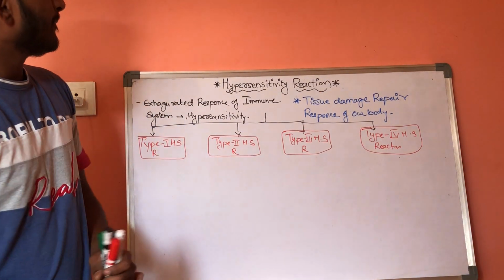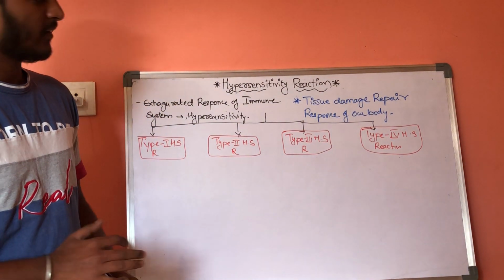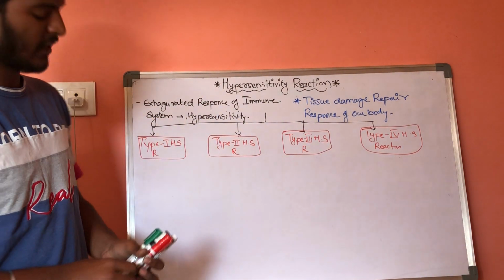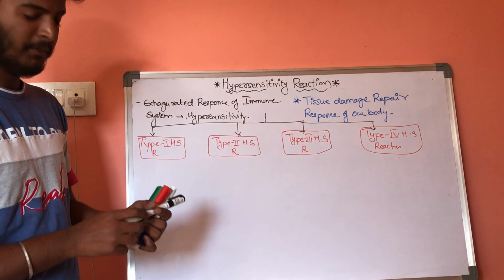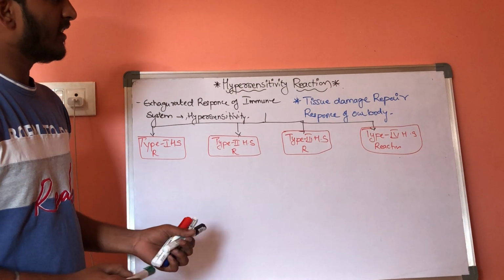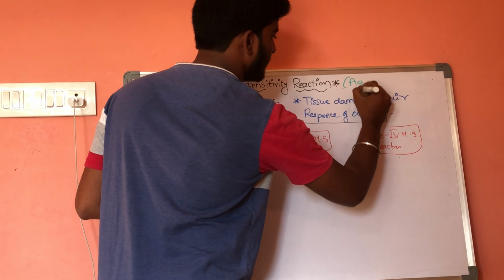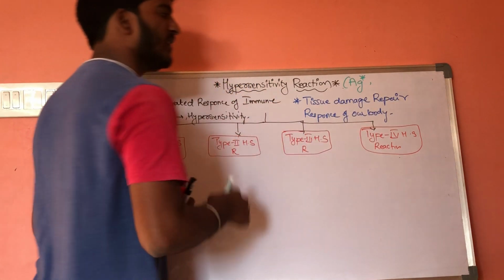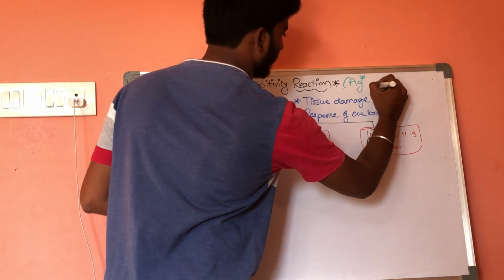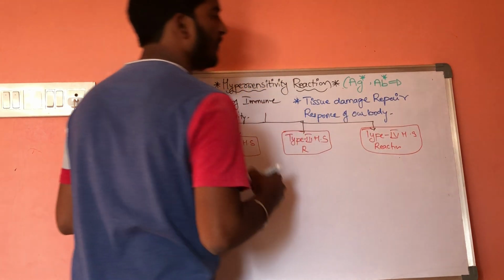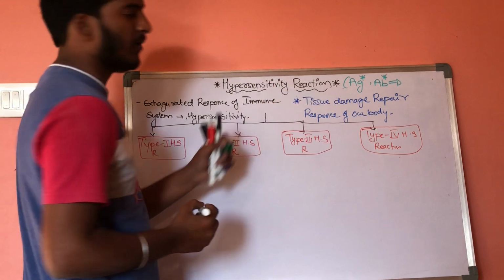Now, the main important components required for these hypersensitivity reactions, which are mediated by the immune system, are antigen and antibody. These two combine together and form antigen antibody complexes.